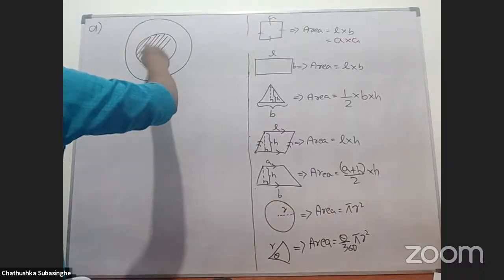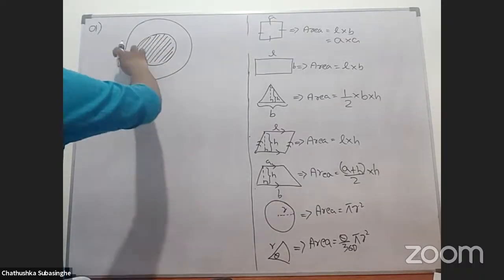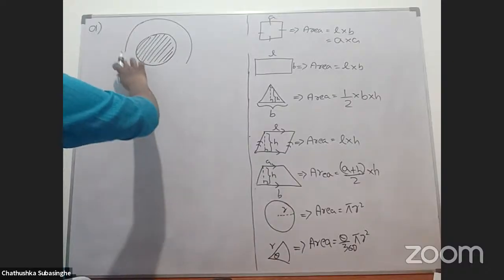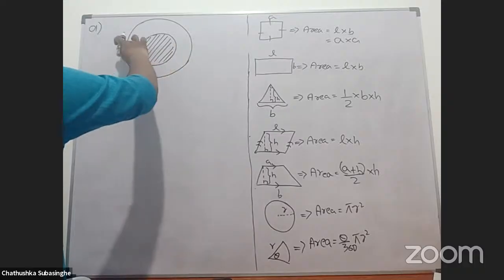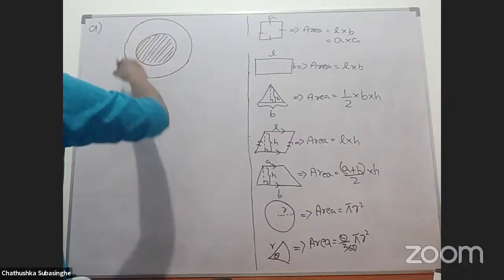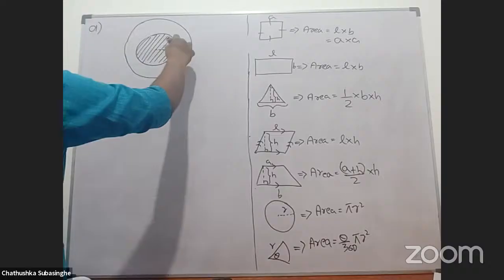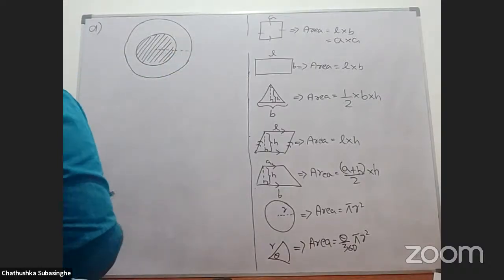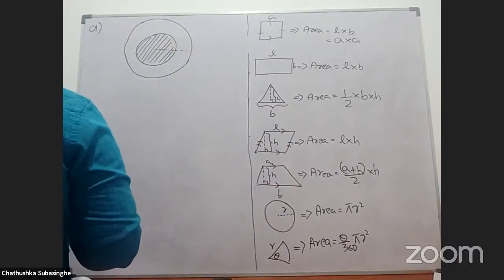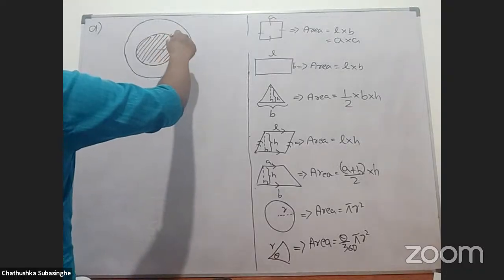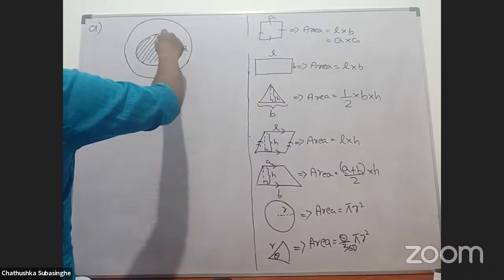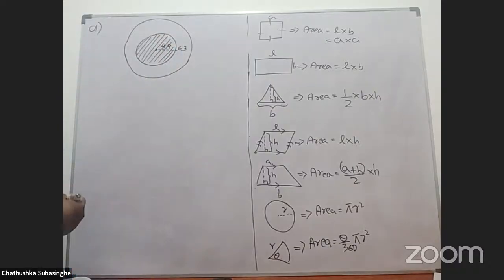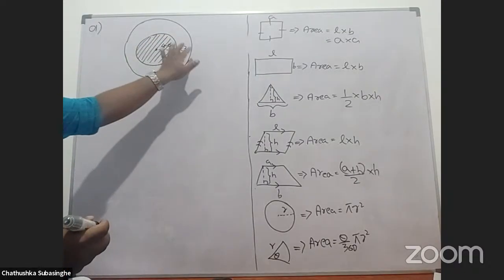This is the darker area. And the radius of the lighter area is 63 and the darker area is 49. That's the total distance. This is 49, this is 63.